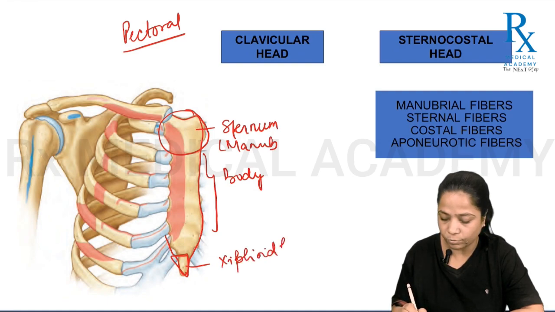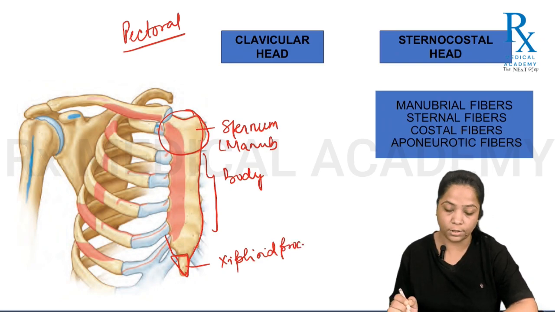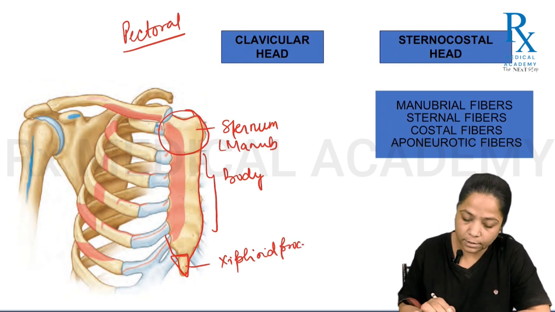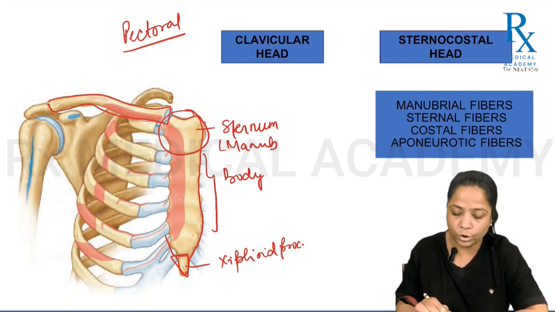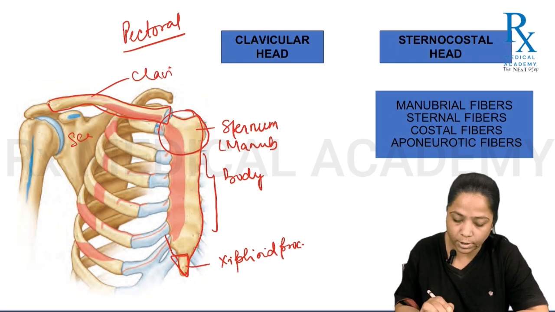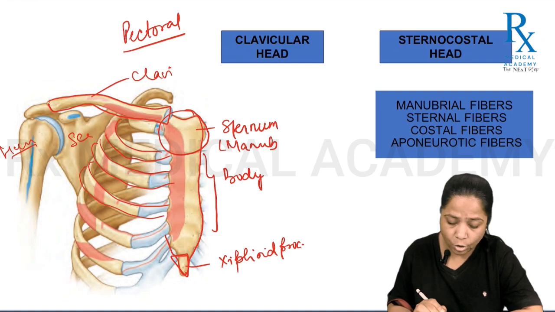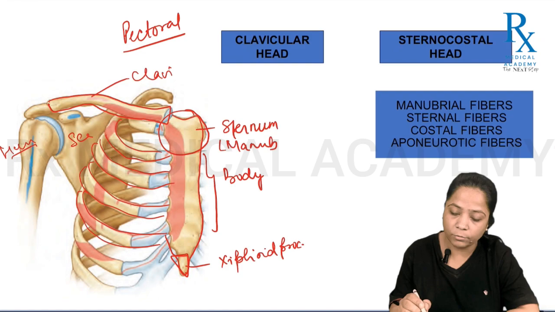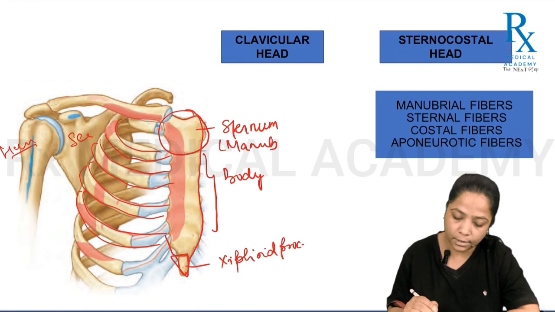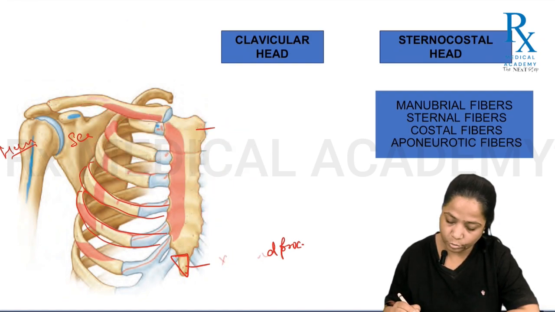Then in the pectoral region we have another bone, that is your clavicle, which you can see here. Then we have the scapula, and this is your humerus. These bones along with the ribs form the bony framework of the pectoral region or the anterior chest wall. Now we will see one by one what are the muscles that are present in the pectoral region.